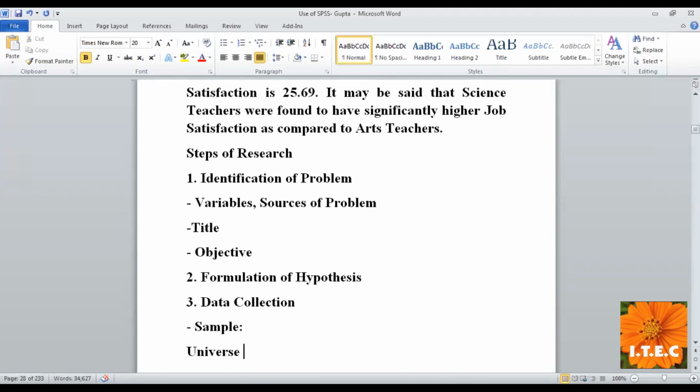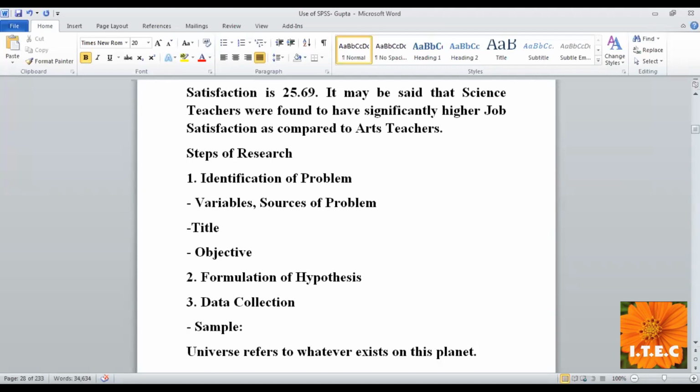What is universe? Universe refers to whatever exists on this planet. Whatever exists on this planet is universe, part of the universe.